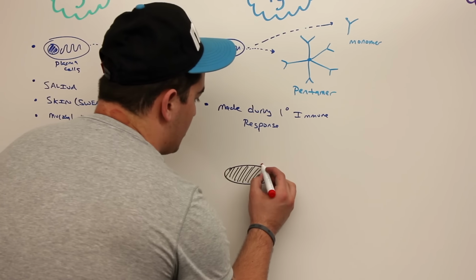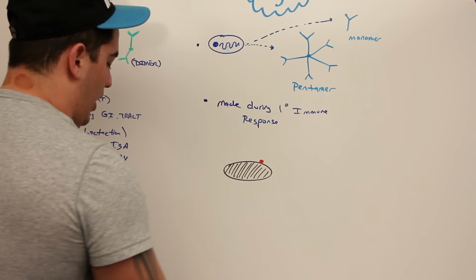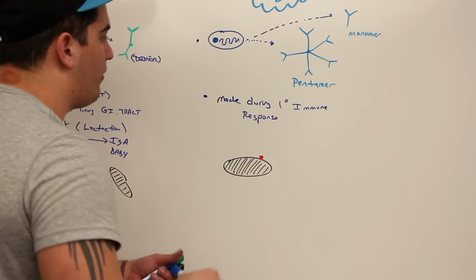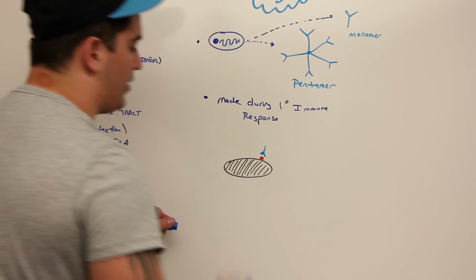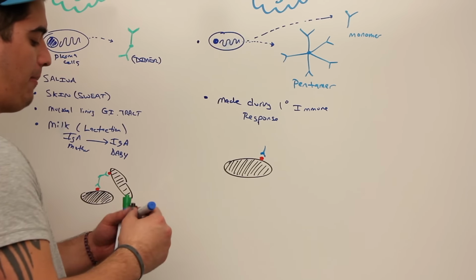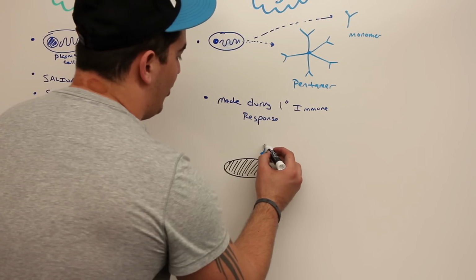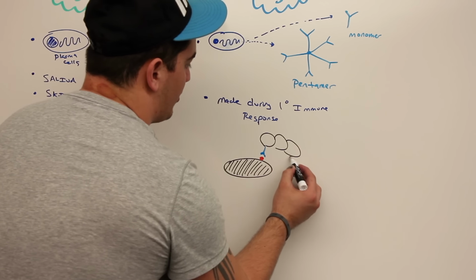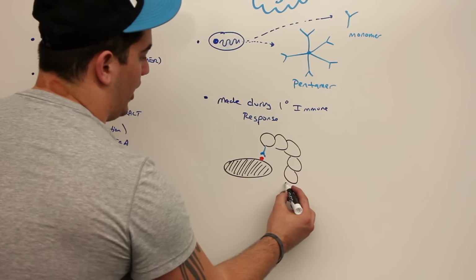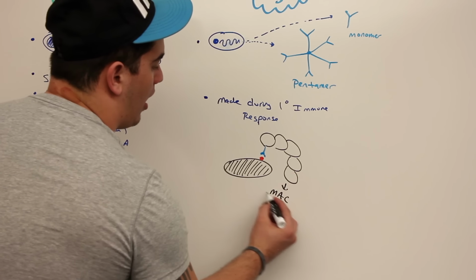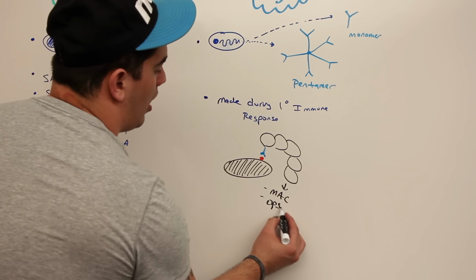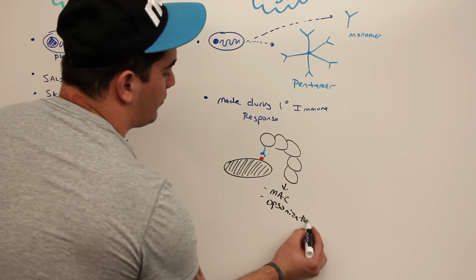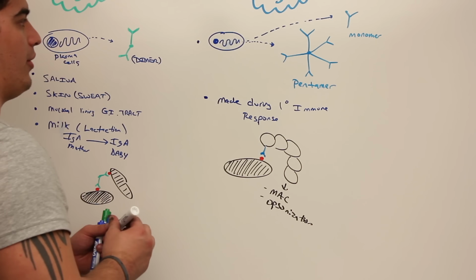It had specific types of antigens. And what can happen is this monomeric form of the antibody can bind onto that right there. And then what can happen? We already know what's going to happen. You could activate the complement proteins, right? And the complement proteins could lead to membrane attack complex or opsonization, right? So that's that.